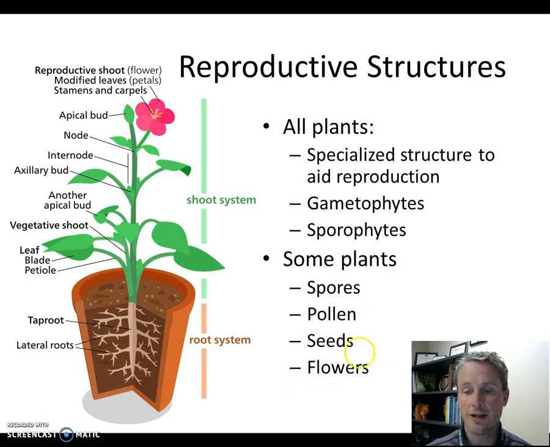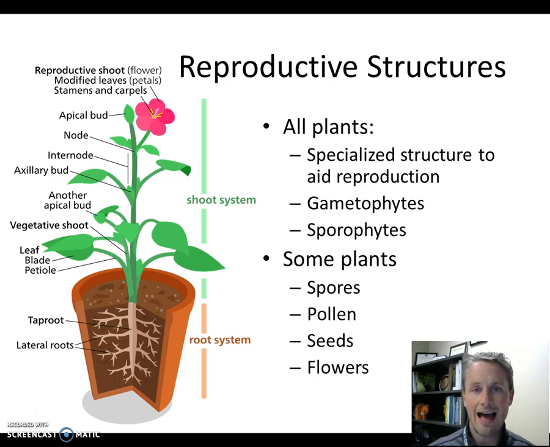We'll figure out which plants do and what that structure does for reproduction. And then flowers are specific reproductive structures that only some plants have. So all plants have some reproductive structures. All plants have a gametophyte and a sporophyte, but only some plants have these other structures.